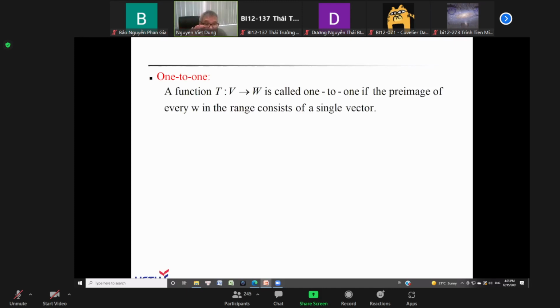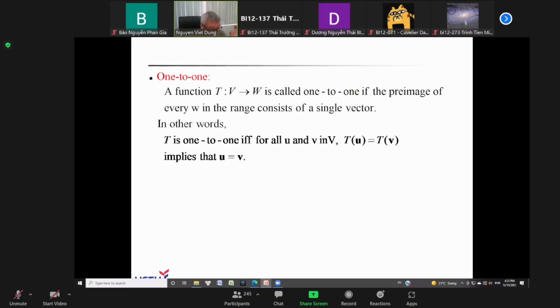A function T from V to W will be called one-to-one if the pre-image of every w in the range will consist of only a single vector. Or if you want to have some formula to do the exercise, that is T is one-to-one if and only if for u and v in the domain, if we have T(u) equal T(v), it implies that u must coincide to v.